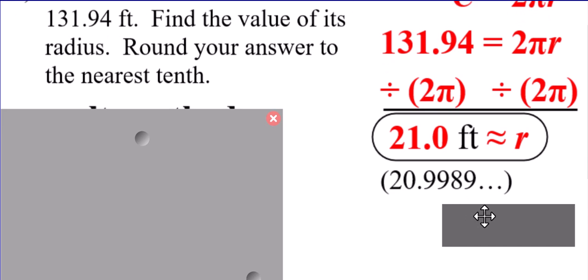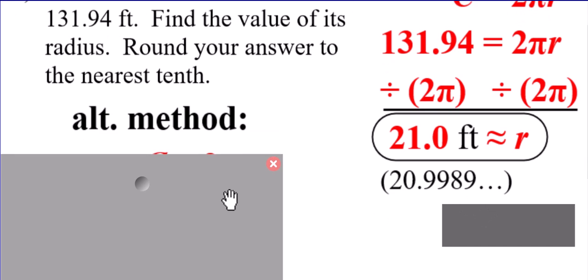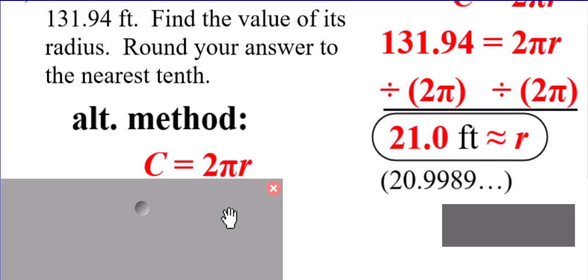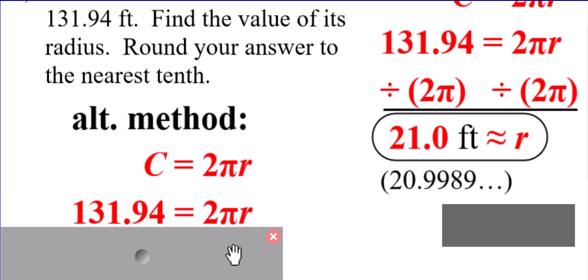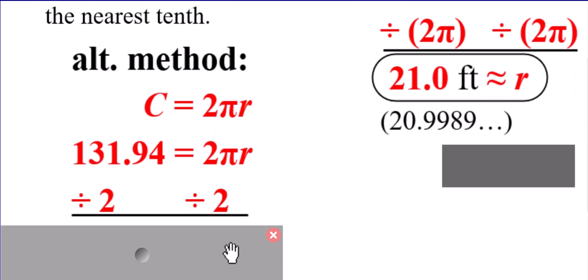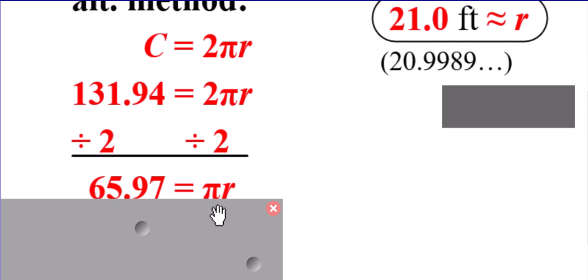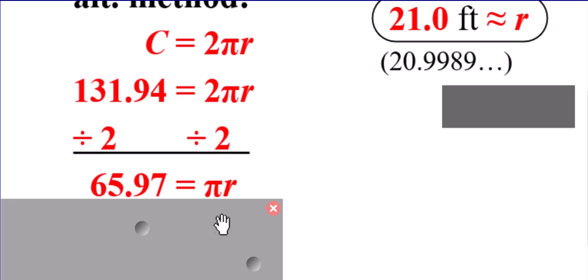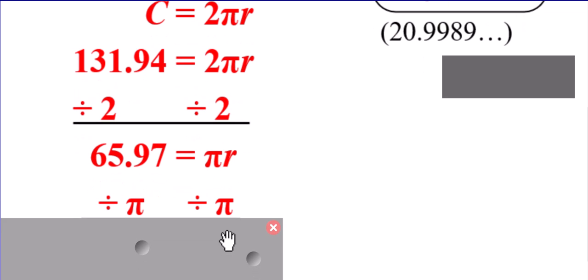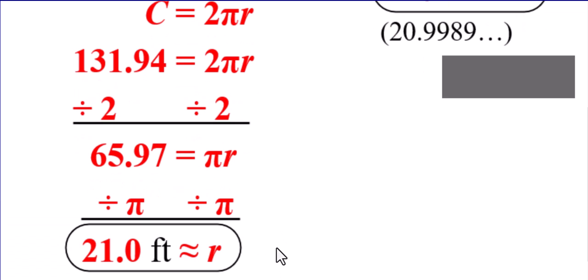Okay, now, I want to let you know there is an alternate way of doing this. You don't have to write this down, but you could actually divide by 2 without the pi, get 65.97, and then you could divide both sides by pi, and that would also work out.